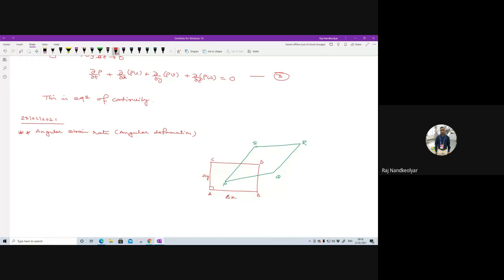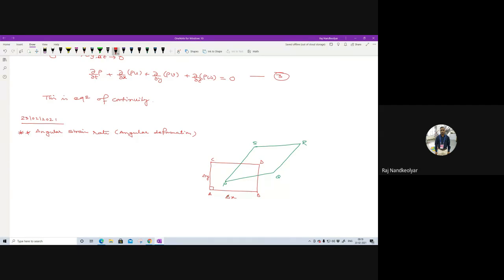So the new shape is PQRS. The initial shape was ABCD. Now the question is how it has deformed. So it has deformed and taken the shape of PQRS. So are you satisfied with this shape?